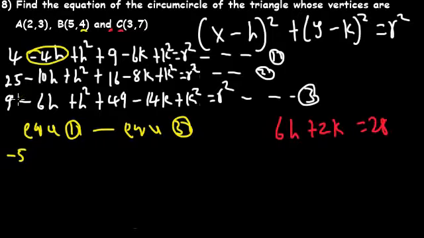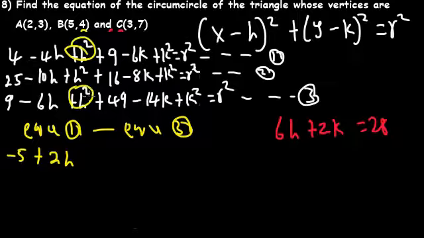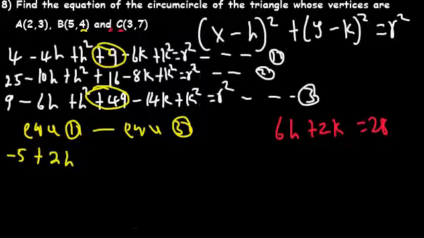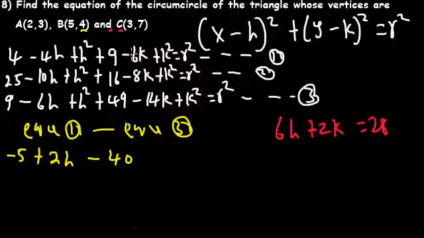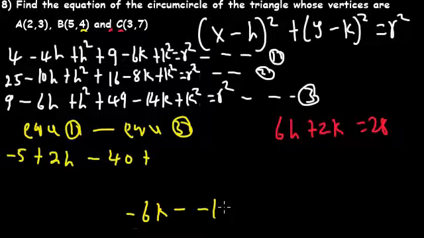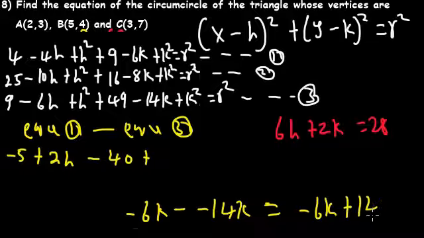Now negative 4h minus 6h gives us positive 2h. H squared cancels as always. Positive 9 minus positive 49 gives us minus 40. Now negative 6k minus 14k, don't forget, that becomes negative 6k plus 14k, which gives us 8k.